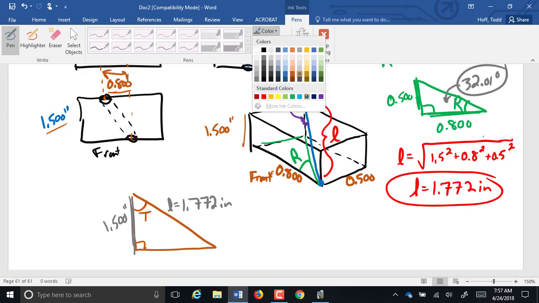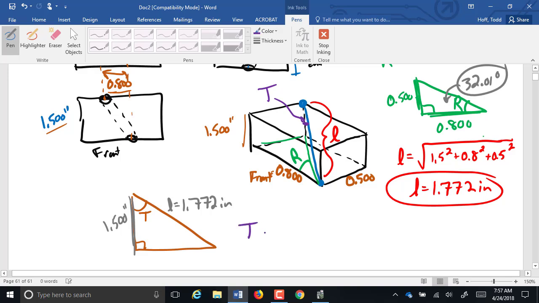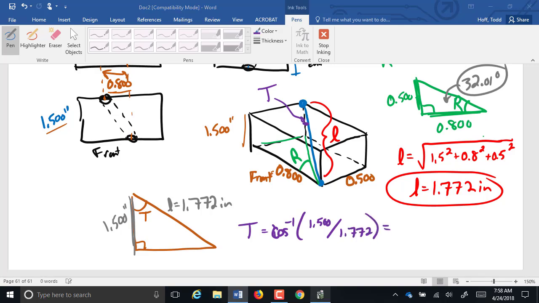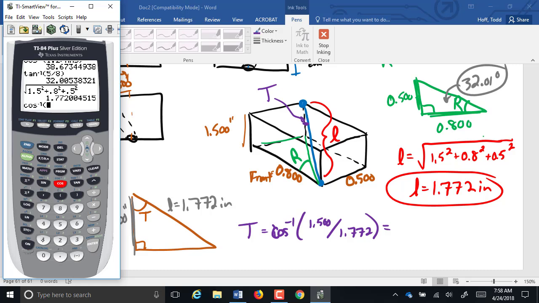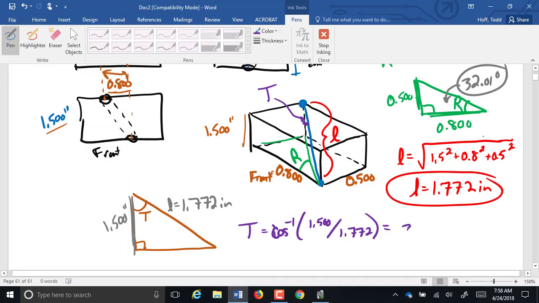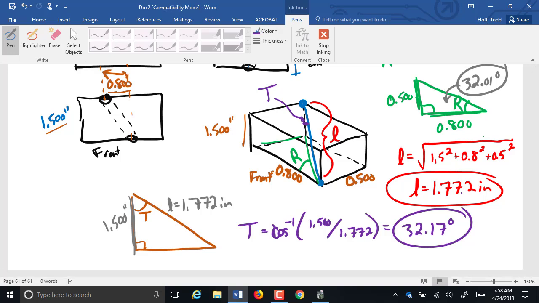So then T is found as an inverse cosine of the adjacent 1.5 over the hypotenuse 1.772. 32.17 degrees. What do you think? Easier than the last stuff?